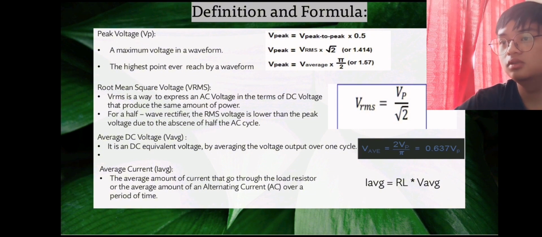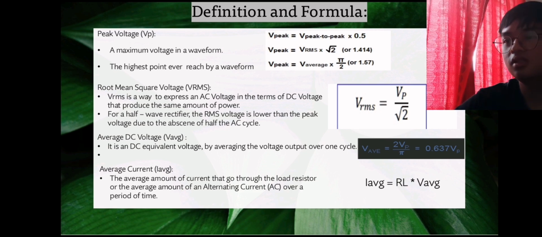Root mean square voltage, VRMS, is a way to express an AC voltage in terms of a DC voltage that produces the same amount of power. For a half-wave rectifier, the RMS voltage is lower than the peak voltage due to the absence of half the AC cycle. VRMS equal to VP over square root 2.